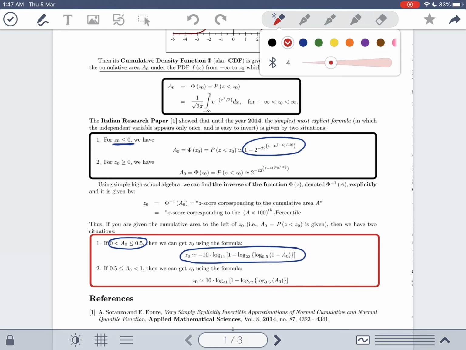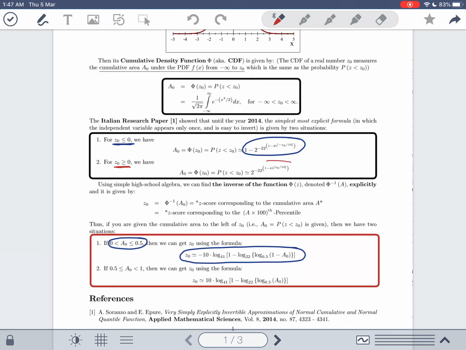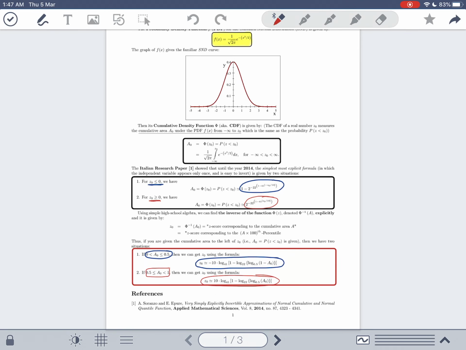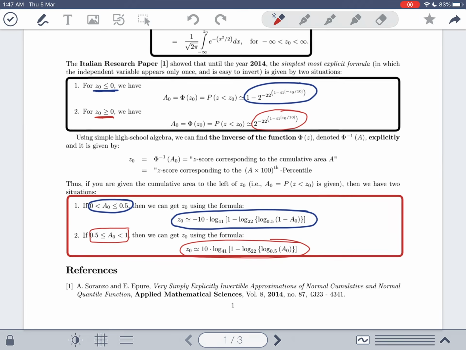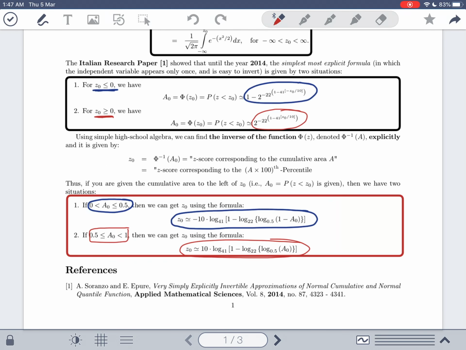On the other hand, if z is 0 or bigger, then we can use this very simple exponential function to approximate it. And the inverse of that is that if the area is between half and 1, then the z0 is here. Okay? And at the end of this very short page, I give you the reference, which is the paper by Soranzo and Epure.